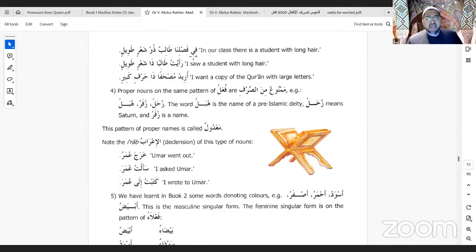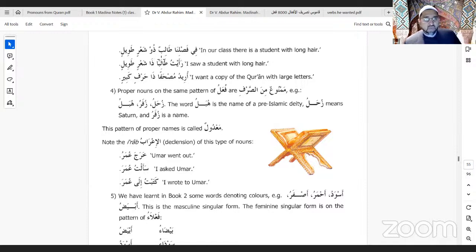Whenever a preposition comes at the beginning of the sentence, the reason is that the mubtada, the subject, is coming without alif lam. So because talibun is coming without alif lam, it is nakira, so the khabar comes first. Talibun is the delayed mubtada, and dhu sha'rin tawilin, the whole thing, is coming as an adjective for the talib. In our classroom is a student who has long hair.